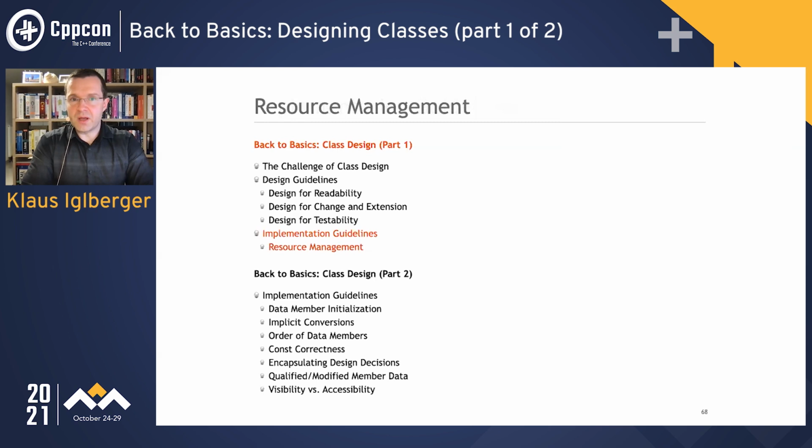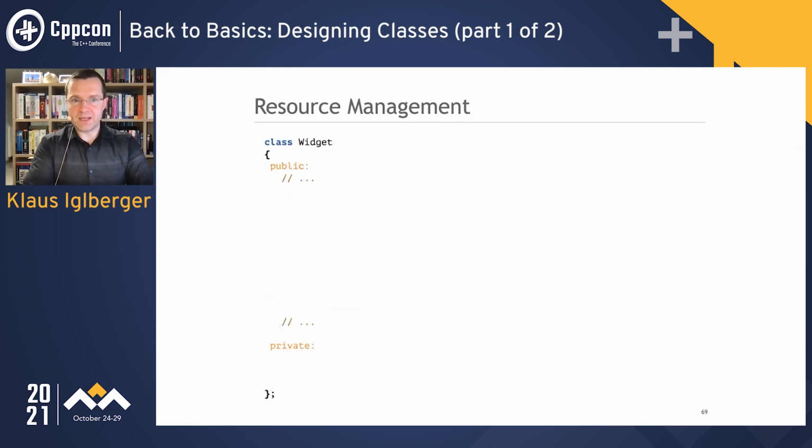I'm starting with resource management, which is, of course, one of the most important things to talk about. Yet, of course, I will not talk about this in epic proportions. Let's say that we have a widget. And yes, this is, again, one of these examples of a name that doesn't really give you meaning.